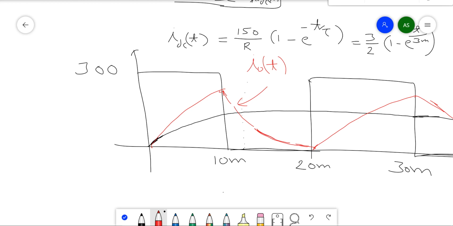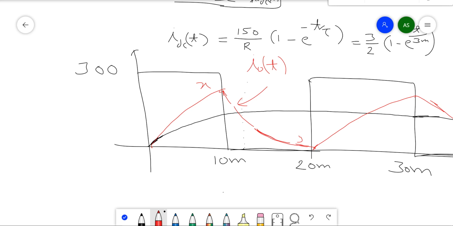Okay, now one more thing we noticed, that approximately at the half cycle only the DC component was reaching its steady state. Okay, so if the DC component has reached the steady state, that will mean that this point X and Y, they will also be reaching their steady state.